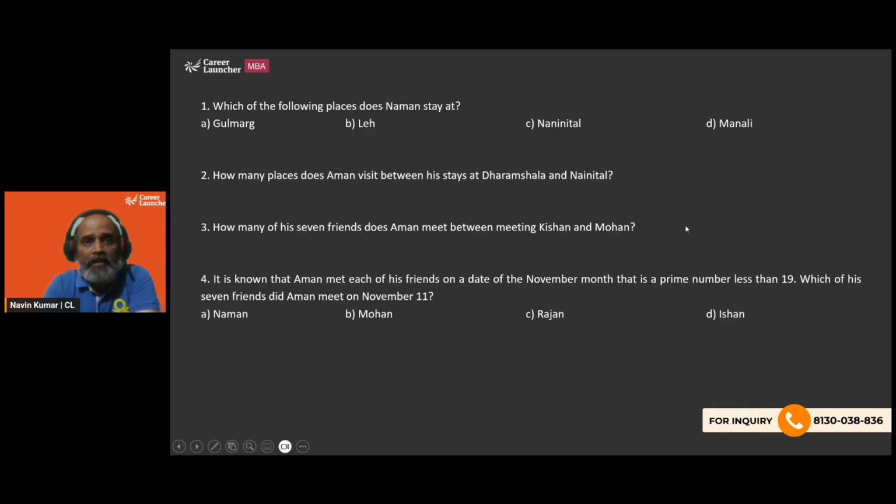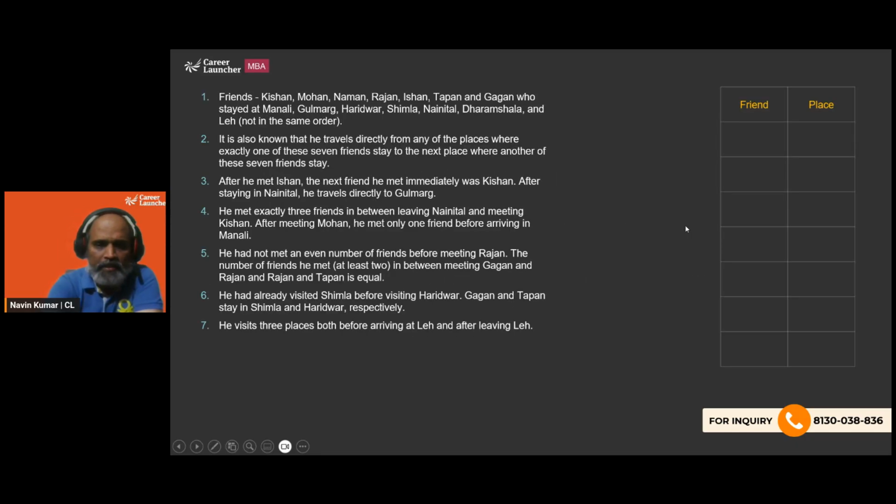It doesn't use the word if or the phrase maximum, minimum, right? So definite. So whatever we are going to generate, whatever we are going to present, it should be a unique scenario. Okay. Let's start. So these are the friends and these are the places.